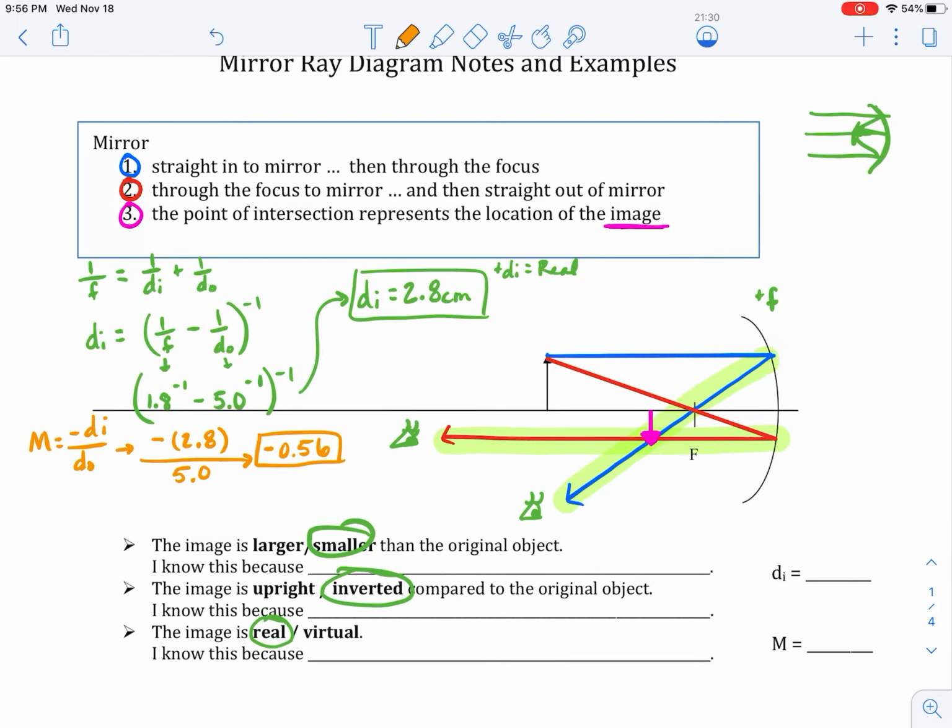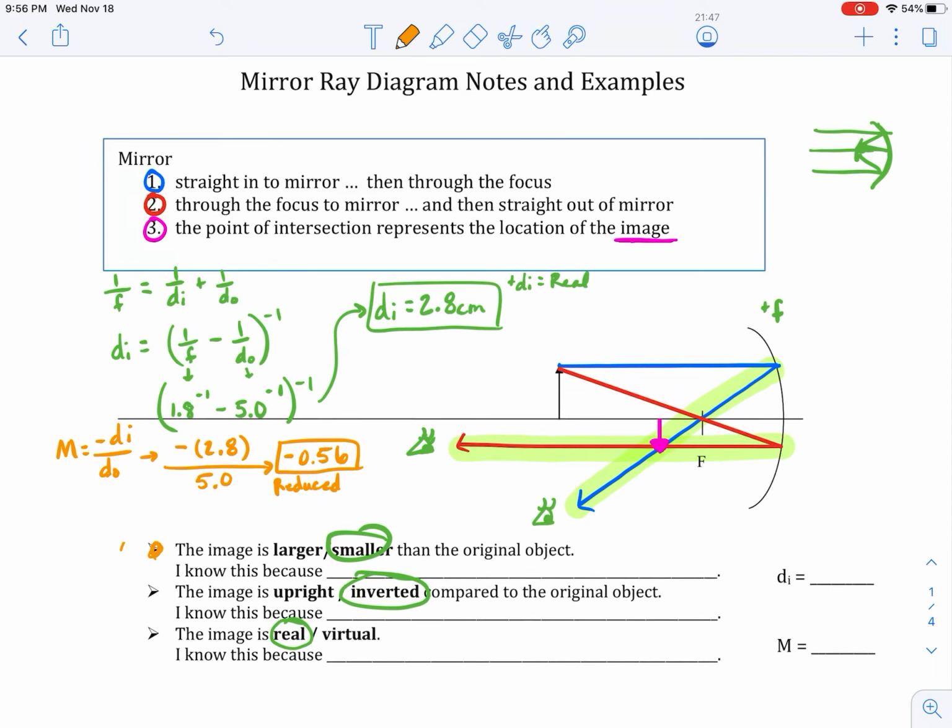So what does this calculation tell me about my object? Well, remember that a decimal value means my image is smaller than the original object. So the fact that we have a decimal answer here tells me that the image is reduced in size compared to the original object, and that's what it means on this first bullet, where we said that it's smaller than the original.